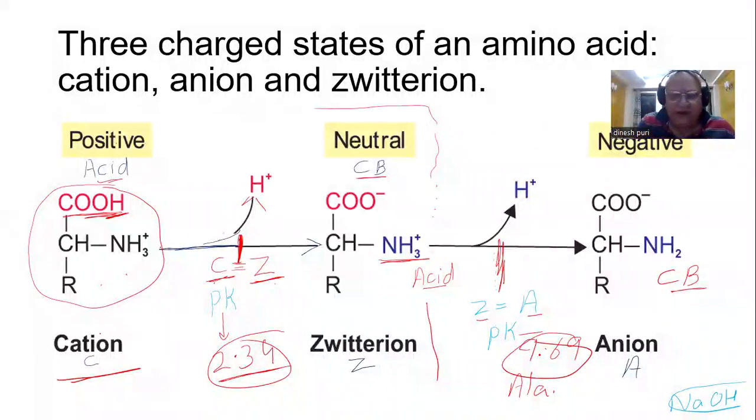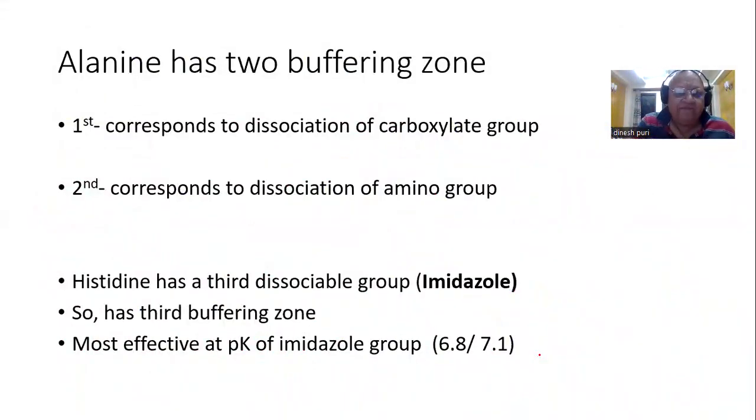What is so special about imidazole? Let me revise. Alanine has two buffering zones. First, due to dissociation of carboxylate, second, due to the amino group. So what is special about the imidazole group of histidine? It is a dissociable group.